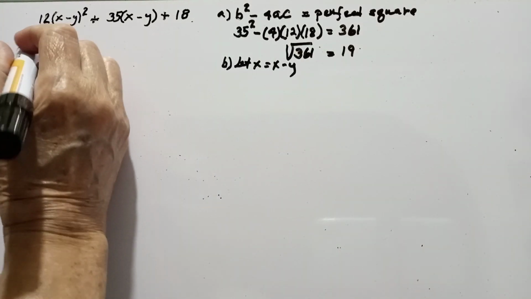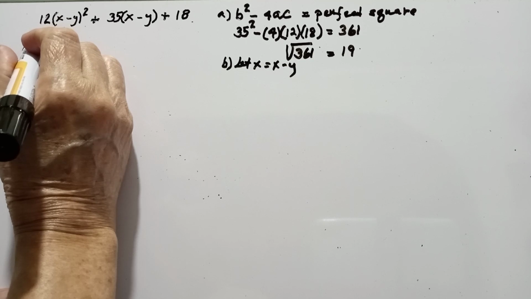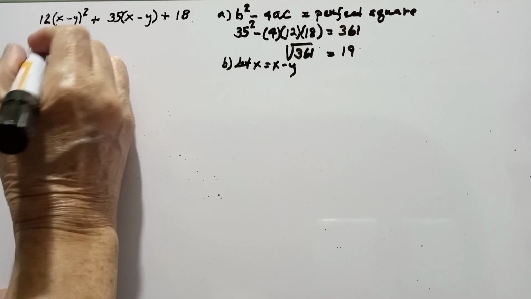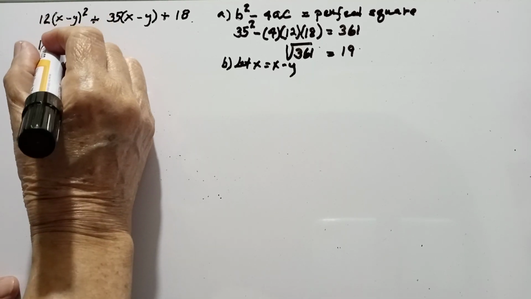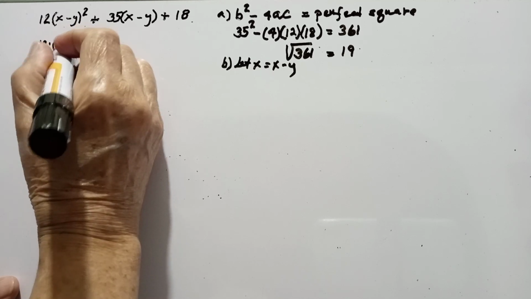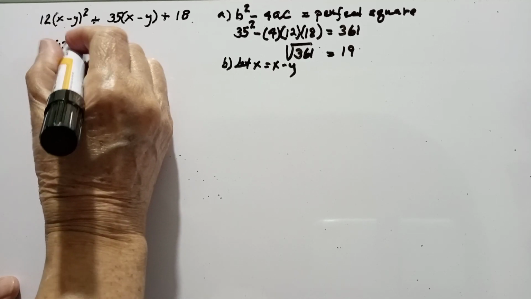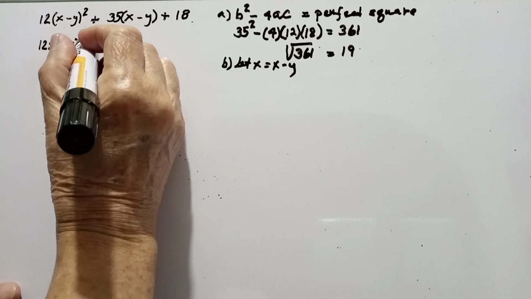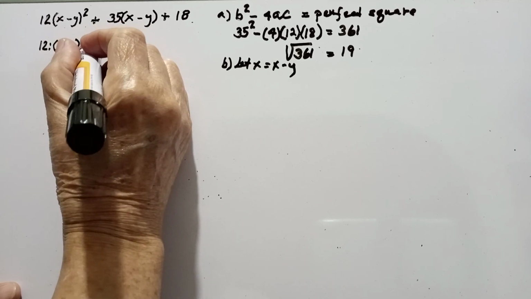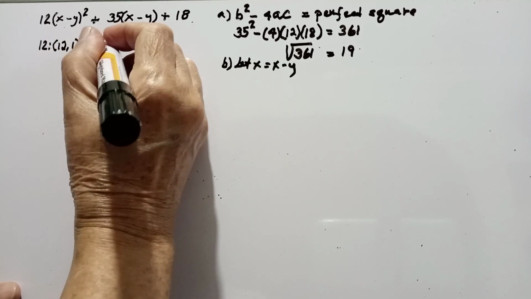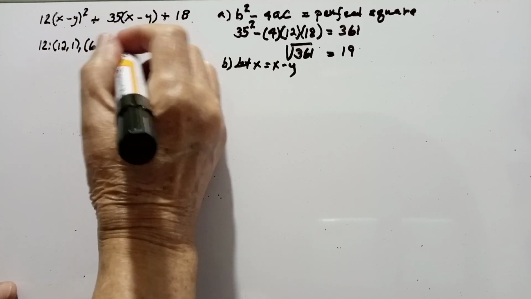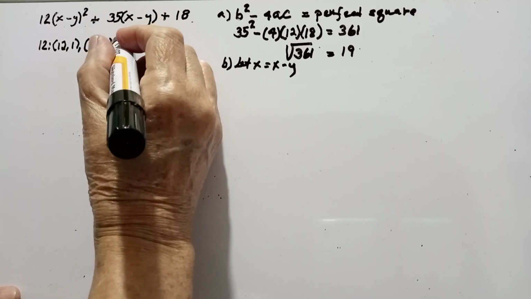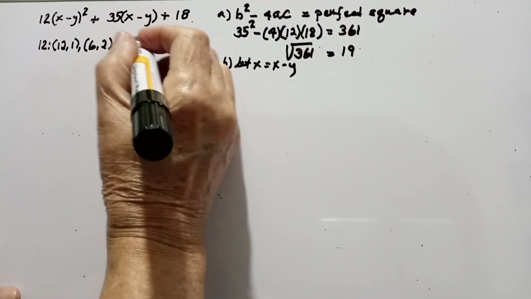So let us now find the factors of 12. The factors of 12 are 12 and 1, then we have 6 and 2, then we have 4 and 3.